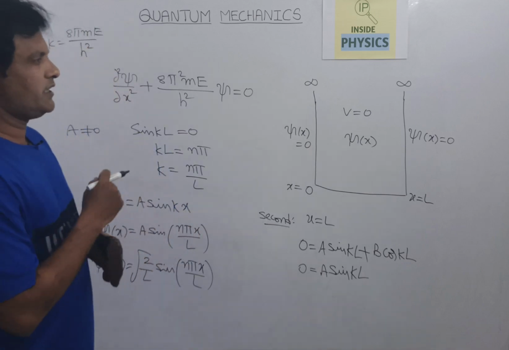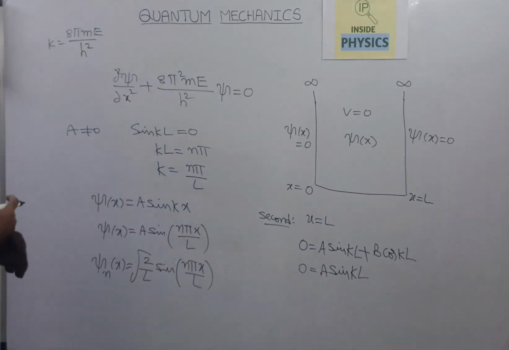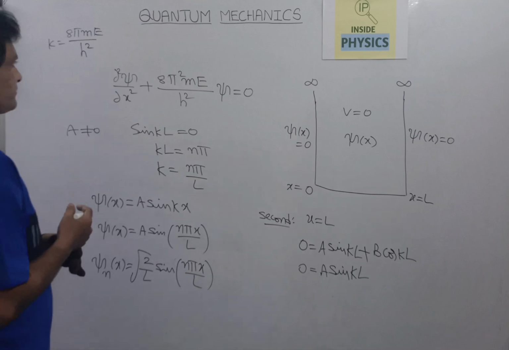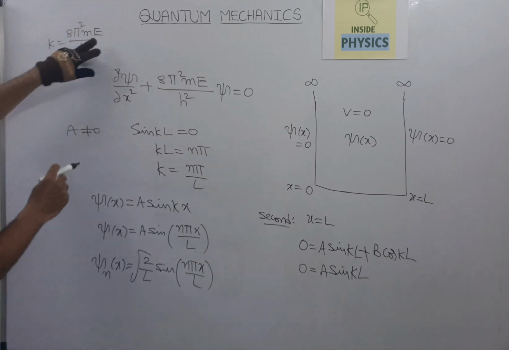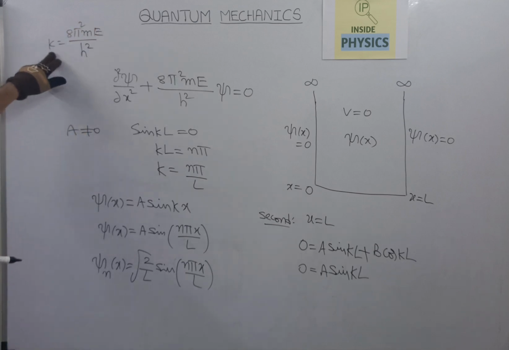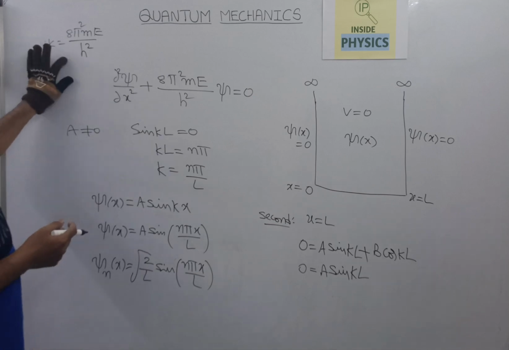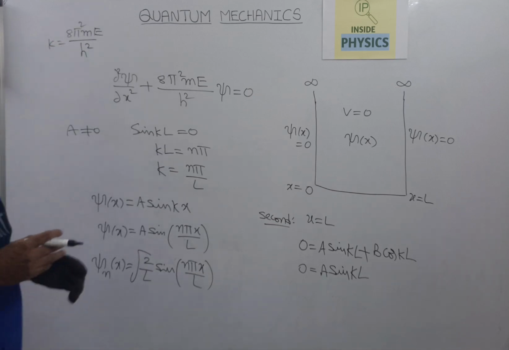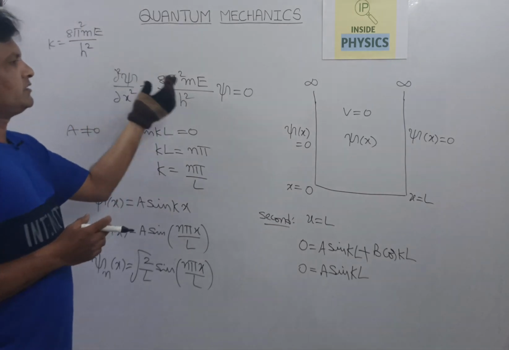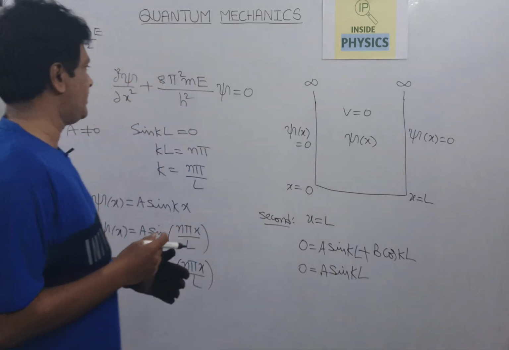There are some fixed energy levels, and we will find what the fixed energy levels are here. So if you observe this one, what I have written here, 8 pi square me by h square is equal to k. Initially we took it like this. So by this equation we will evaluate what E is, and the formula for energy inside the potential well.